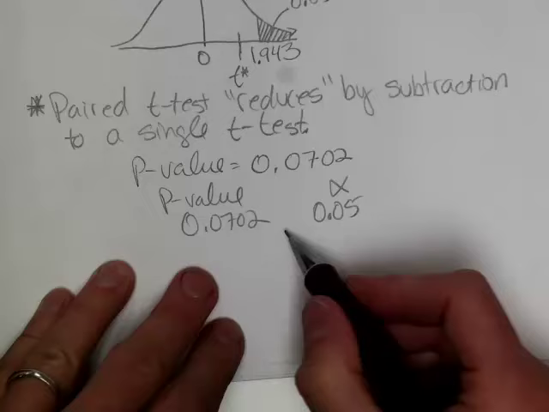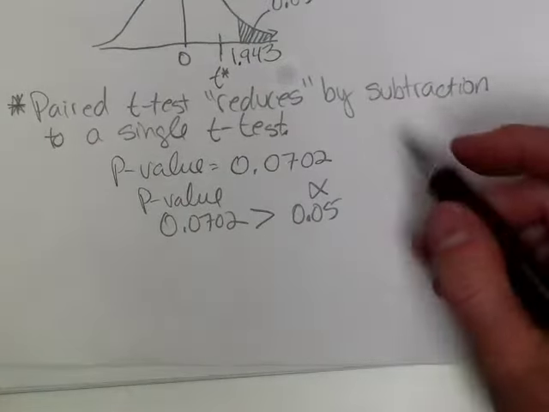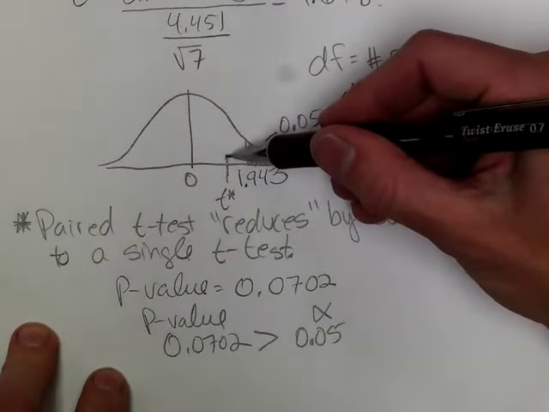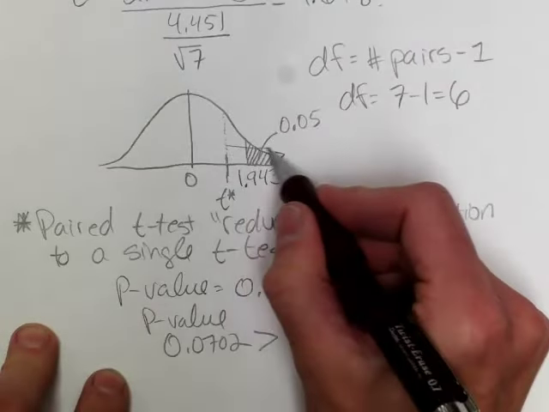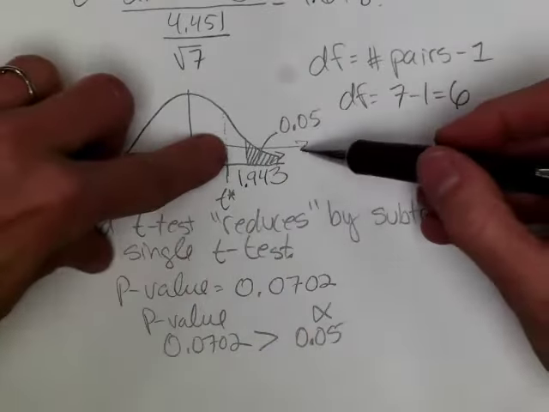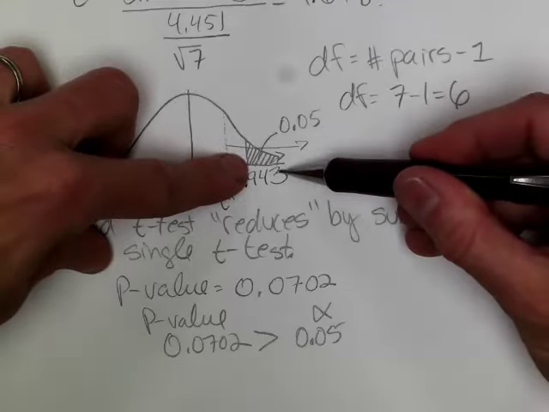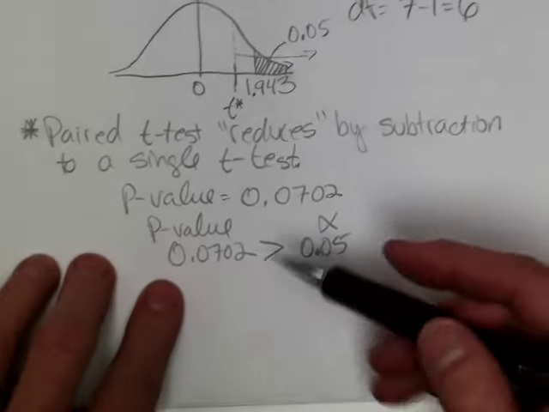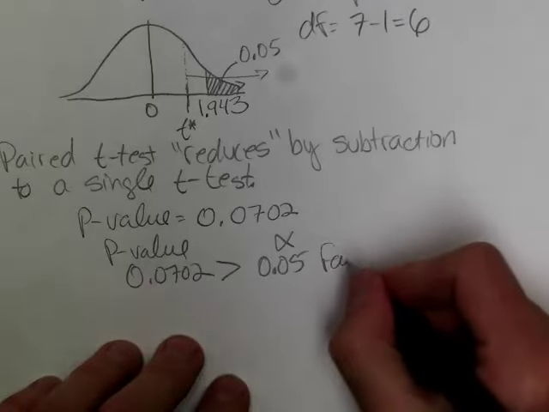Okay, this p-value is greater than our level of significance, and that is consistent with the placement of our test statistic. Remember, the p-value is going to represent the area going this way. Okay, so this area is definitely greater than this area, and we see that once we calculate the p-value. Okay, so this is consistent with our decision to fail to reject the null.